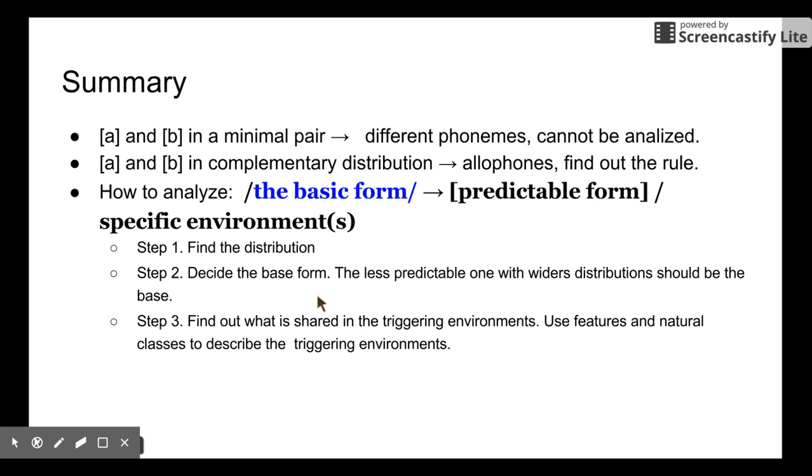The less predictable one with wider distribution should be the base form. Okay. And then the final part is to find out what is shared in the triggering environments. And then we can use features and natural classes to describe the triggering environment. Okay. That's it. Thank you.